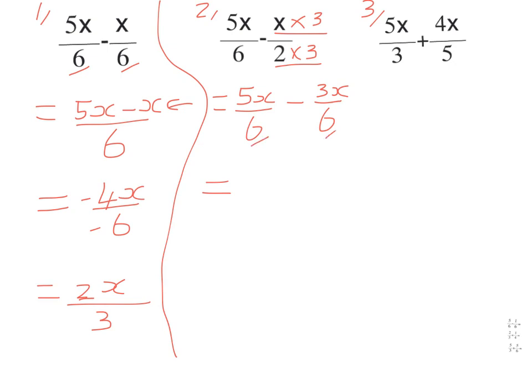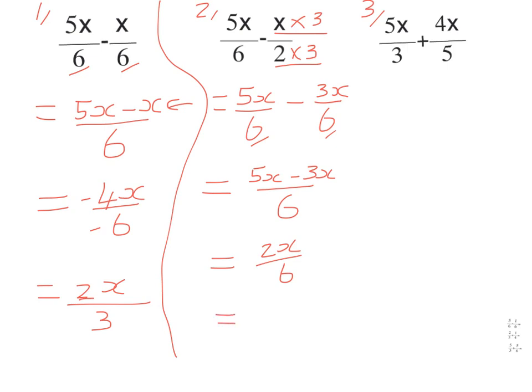These are both 6's, so in knowing my answer, the bottom line is going to be 6. On the top line, and this is the line that I wouldn't normally write, but I will this time, 5x minus 3x. Now these are like terms, they can be combined. 5 minus 3 on a good day is 2, so I've got 2 lots of x. Now, again, this one does simplify, very similarly to the last one.